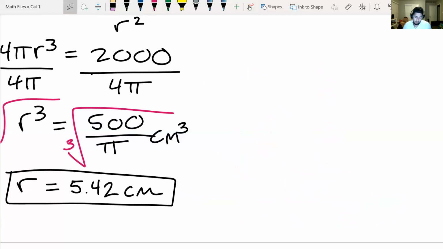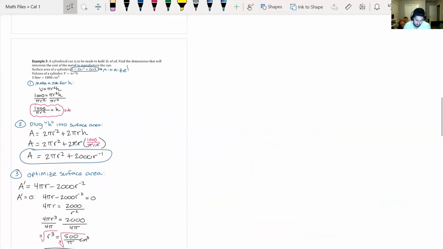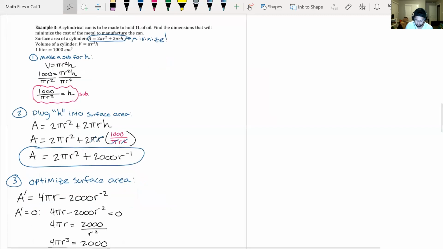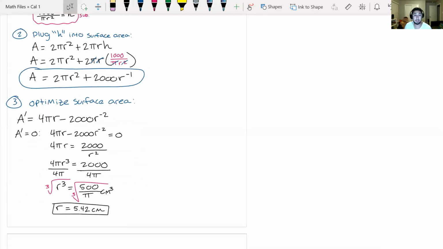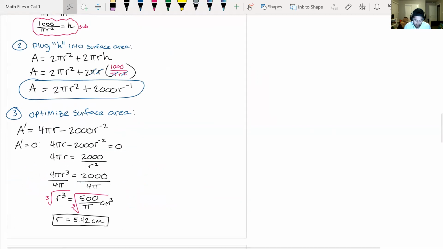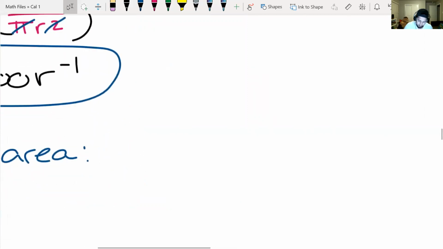Okay, well, this problem is asking for the dimensions that will minimize the cost. So if we know the radius, this means we need to find the height of the can. I'll put it right here. I'm going to say step 4.